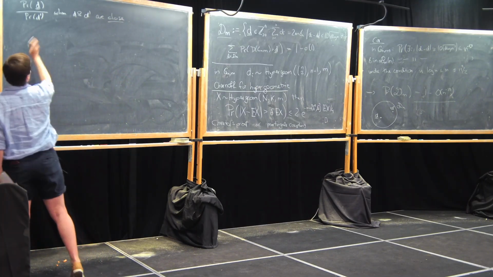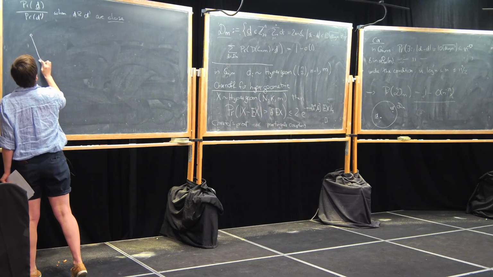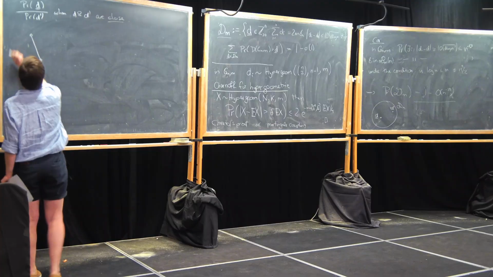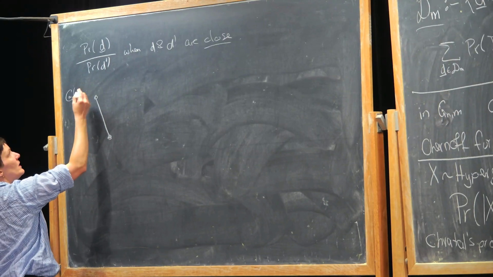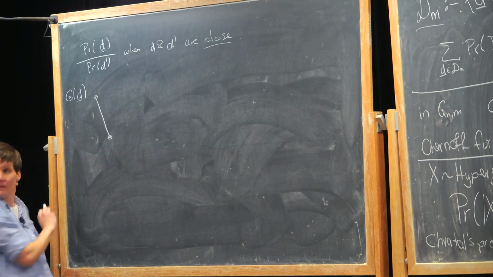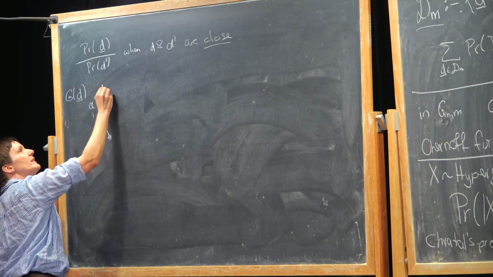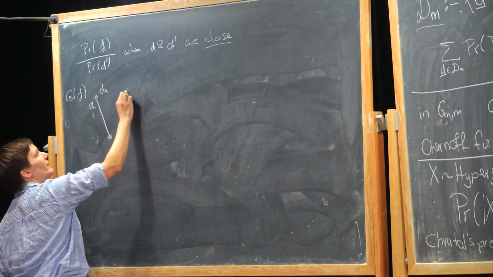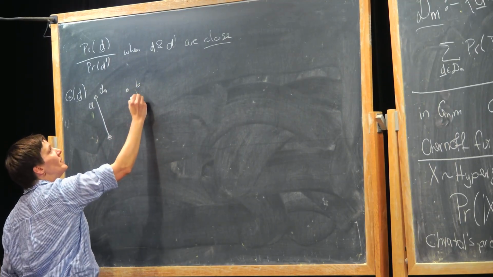And so what is this local change I want to consider? The local change I want to consider is the following. Take a graph G with degree sequence D, say. Then the vertex A has some degree d_A, and here's my vertex B that has some degree d_B.